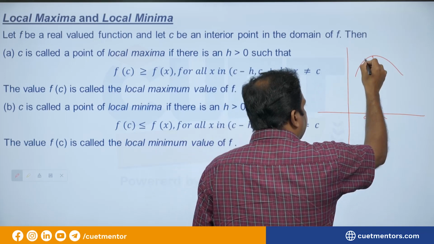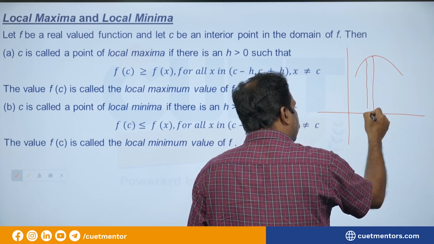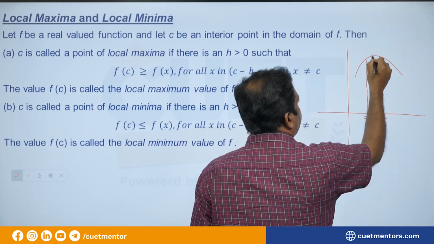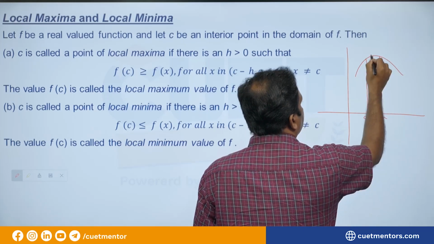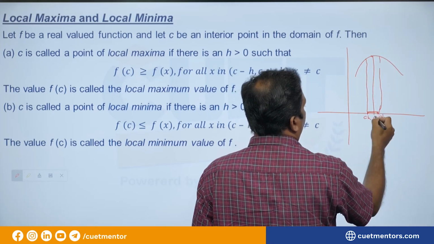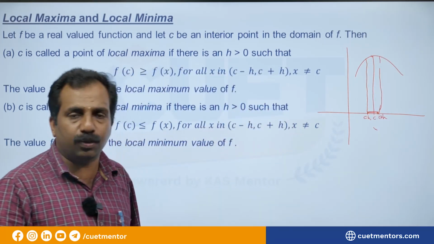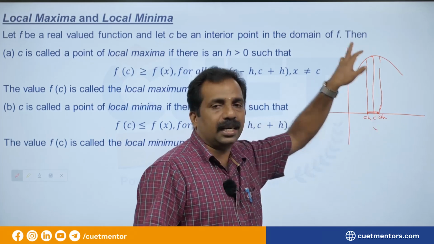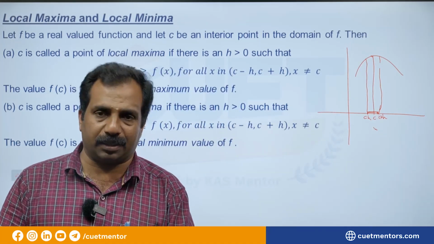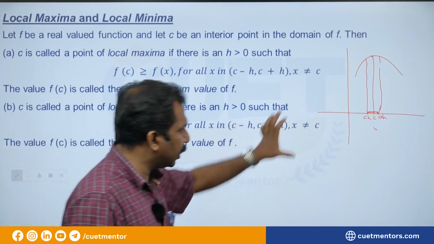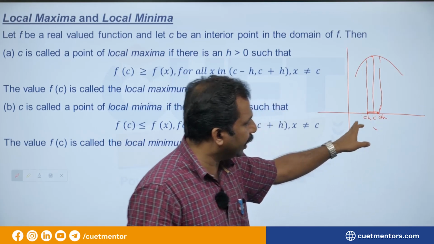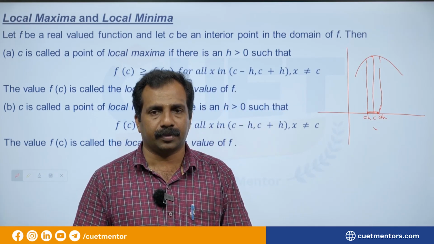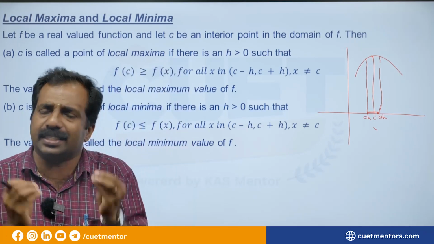If we consider the values in this smaller interval, this point always gives a greater value than the remaining values. So c is called a point of local maxima, because here f of c is greater than any other value between c minus h and c plus h. h is an arbitrary, very small value greater than 0.